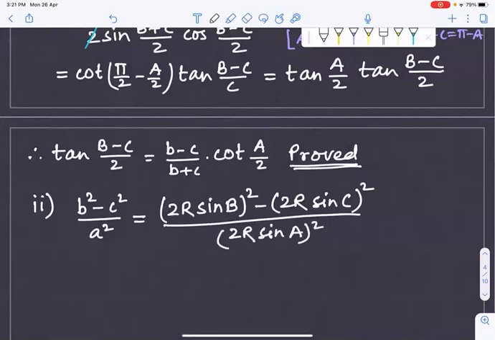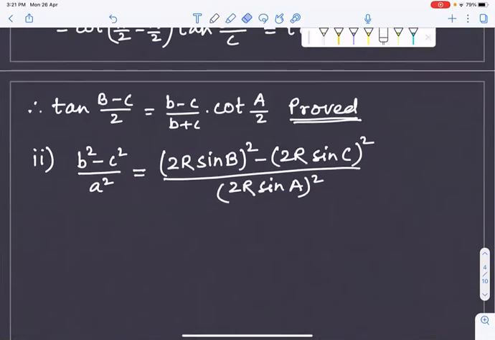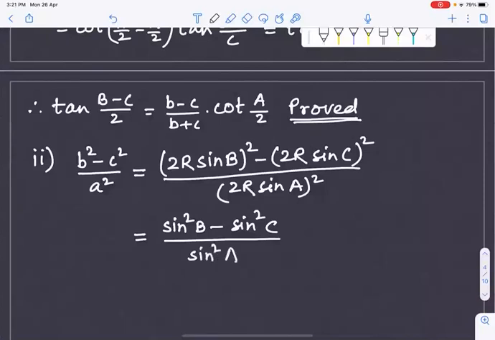So what I did, I have expressed side in terms of angle by the sine rule. Now here, this 2r whole square, that is 4r square, will be cancelled, and after that we will be getting sine square b minus sine square c divided by sine square a, right?